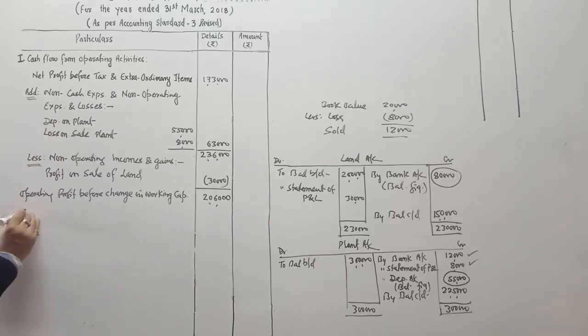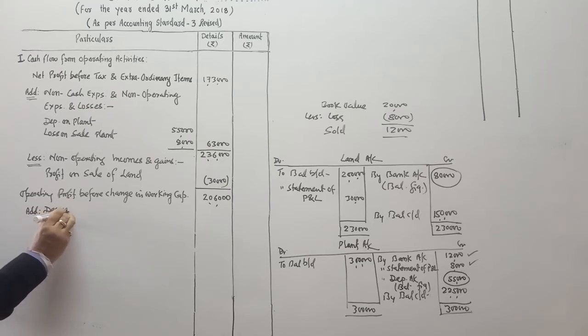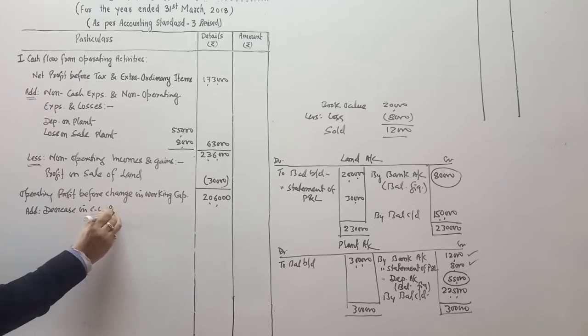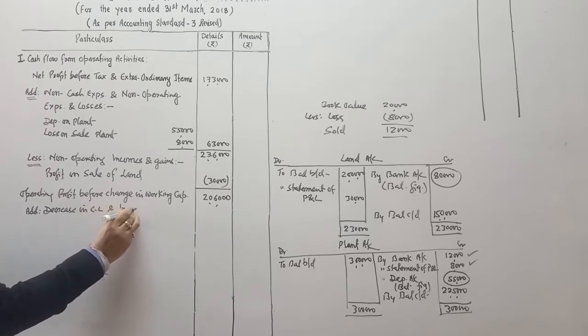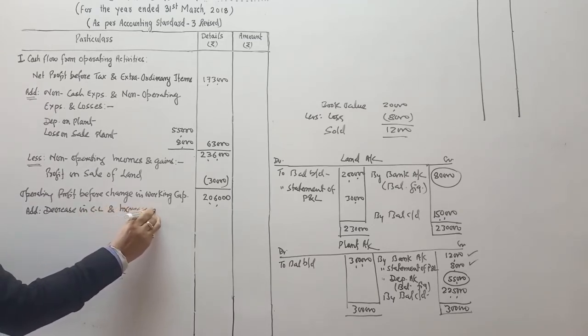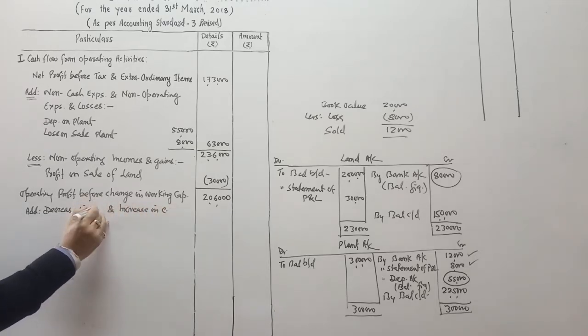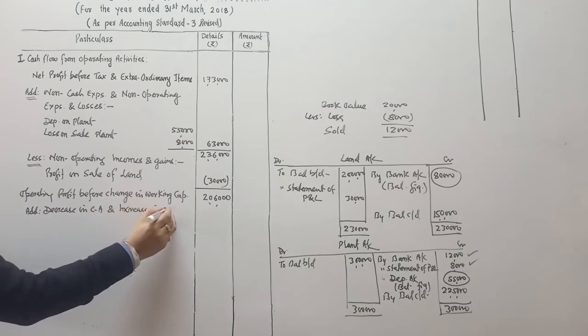Now coming to the next step. Next step is we will add decrease in current liability and increase in current assets... sorry: decrease in current assets and increase in current liability.